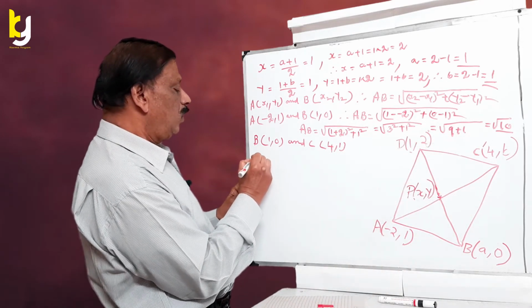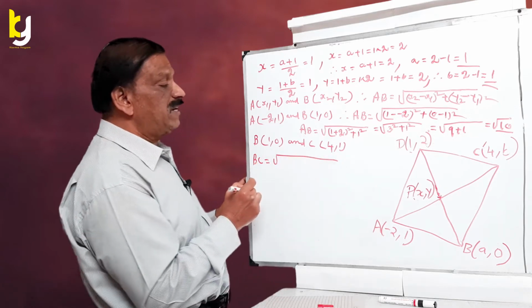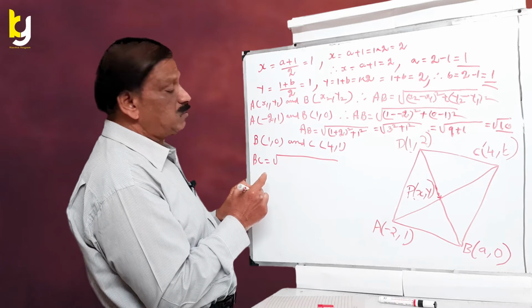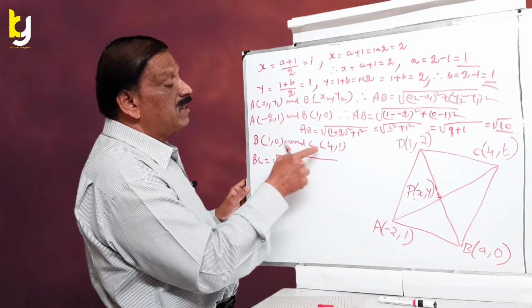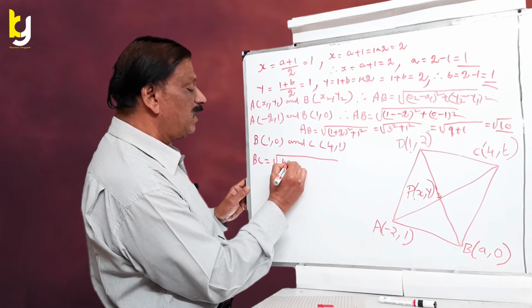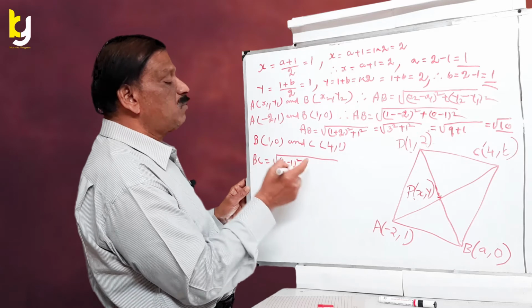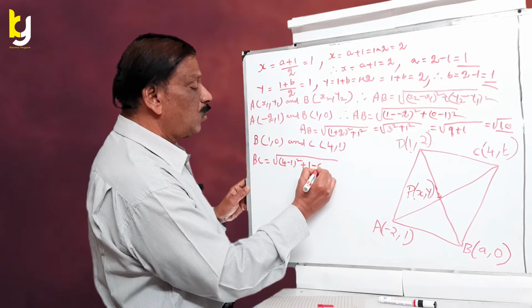Then BC equals root of x2 minus x1 whole square plus y2 minus y1 whole square. This is x1 y1, this is x2 y2. So x2 minus x1 whole square, that is 4 minus 1 whole square, plus y2 minus y1 whole square, that is 1 minus 0 whole square.